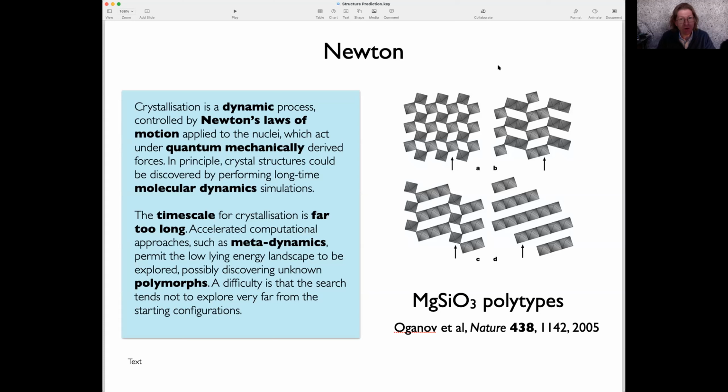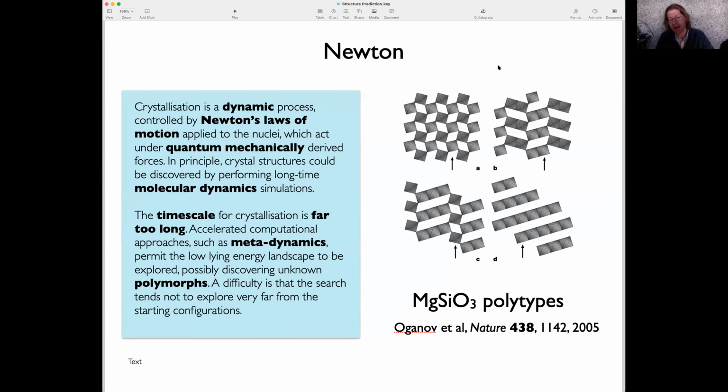The difficulty or the limitation of this approach is that you always end up fairly close to where you started. So if you've got a particular crystal structure type and then you start heating it up and doing metadynamics, it wanders, but it only wanders around in the nearby regions of configuration space. So you can see this example here.